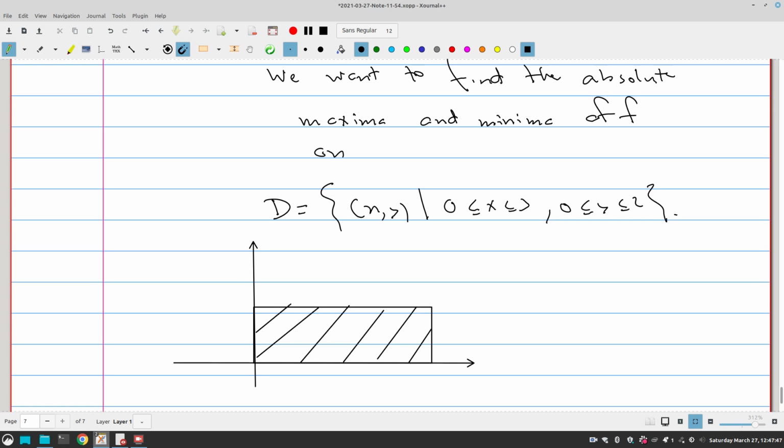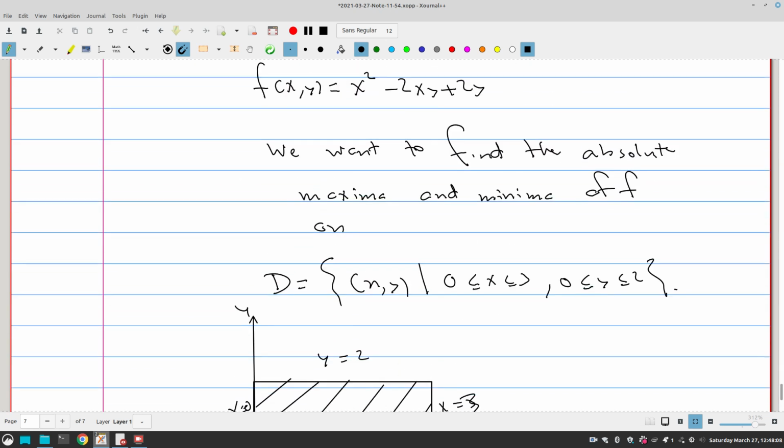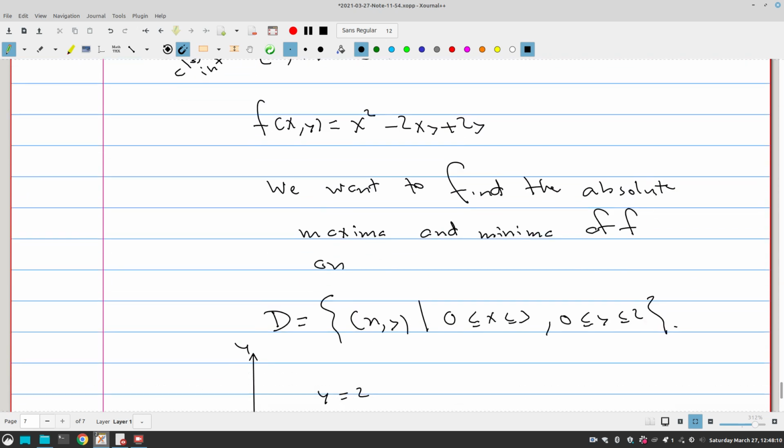So this is the line y equals 2. This is y equals 0, the x-axis. This is x equals 3, and this is x equals 0. Now, inside the domain, let's look for the critical points.